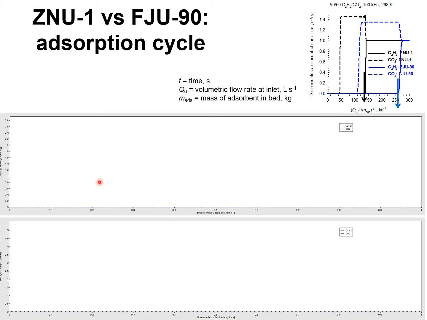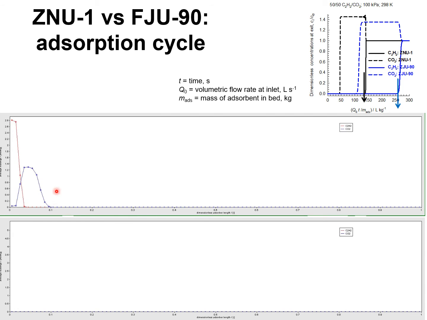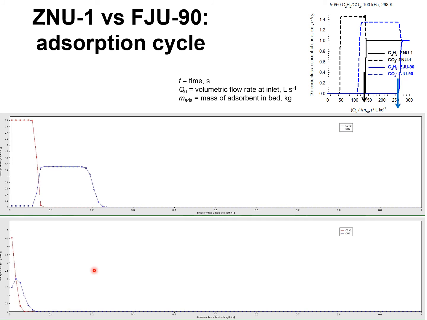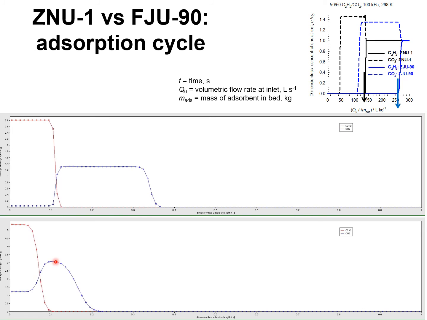Let's start with the development of the molar loadings in moles per kilogram for ZNU1. Red is C2H2 and blue is CO2. The corresponding development of the component loadings in FJU90 are shown in the animation below. Red is C2H2, blue is CO2.